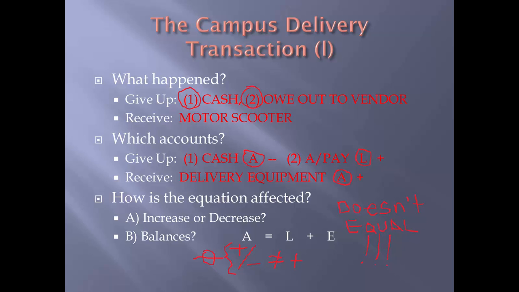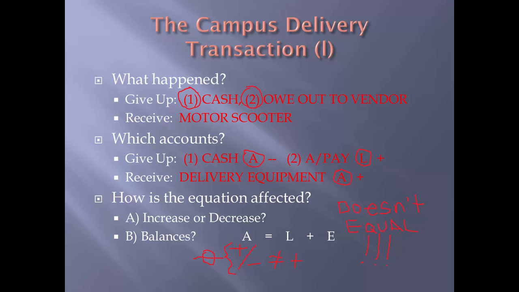I'm going to have to pay it in the future. So accounts payable is a liability. Those are my two give up accounts. For my receive, I received a motor scooter, and I own the motor scooter, even though I haven't fully paid for it yet. I look under assets, and there's an account called delivery equipment, which is an asset.